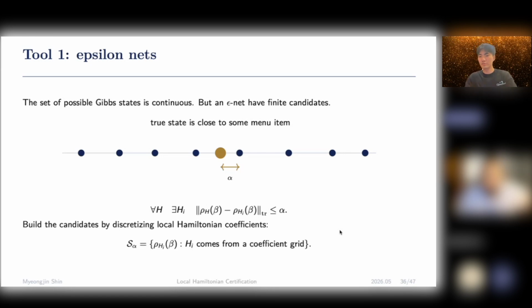So we're going to use the epsilon net to make the candidate set as small as possible. That's one of the tools that we're going to use, and I'm going to explain it more mathematically later.